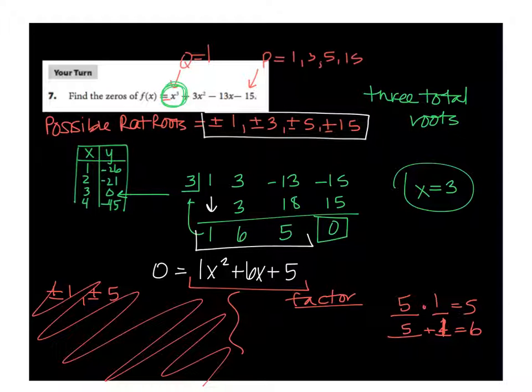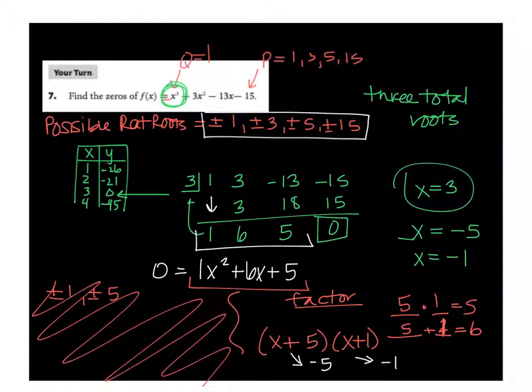So when I factor, if I've got 5 and 1, that means my factors are x plus 5 and x plus 1. And I want roots or zeros, which means I need to figure out what will make these equal to 0. So my actual roots here are -5 and -1. So my last solutions that I want to write down are x equals -5 and x equals -1.